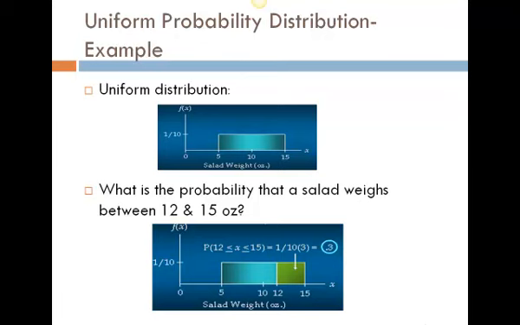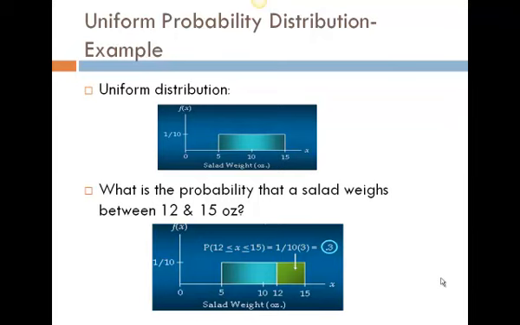So the way I'm getting this here, I'm taking that 1/10 and then I'm saying 1/10 times 3. How am I getting that? Well, there's a 1/10 probability that you would want a salad that is 12 ounces, a 1/10 probability you'd want a salad that's 13 ounces, a 1/10 probability you'd want a salad that's 14 ounces, and a 1/10 probability you'd want a salad that is 15 ounces.